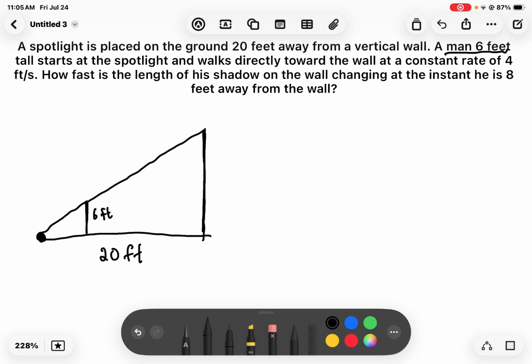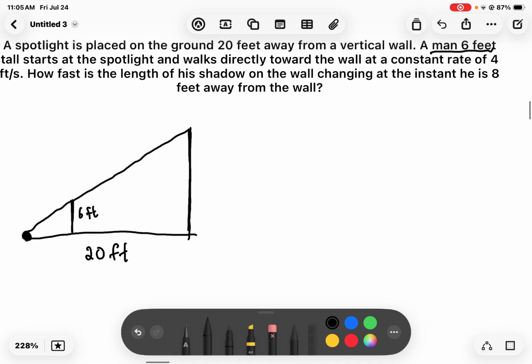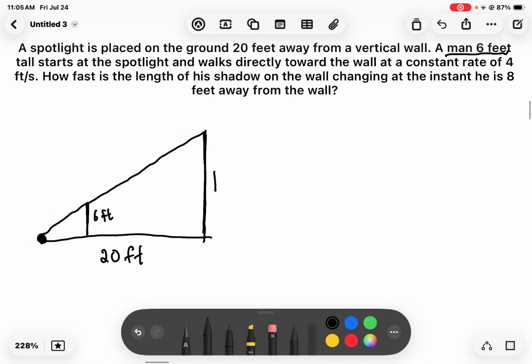All right, very good. So then this length h represents the length of his shadow. So we want to know how fast the length of the shadow on the wall is changing. So basically we want dh/dt.